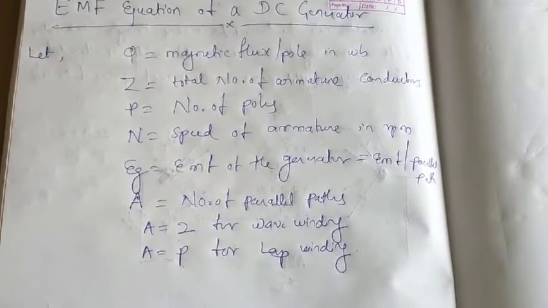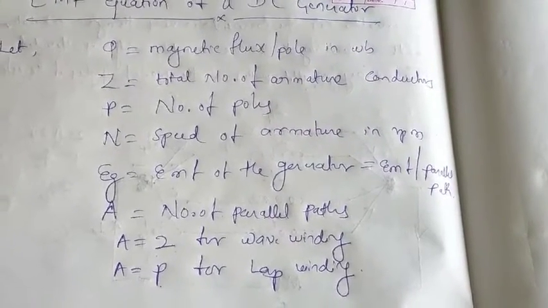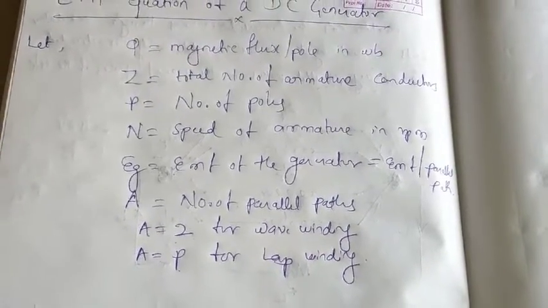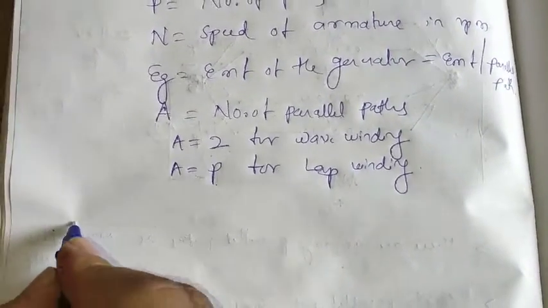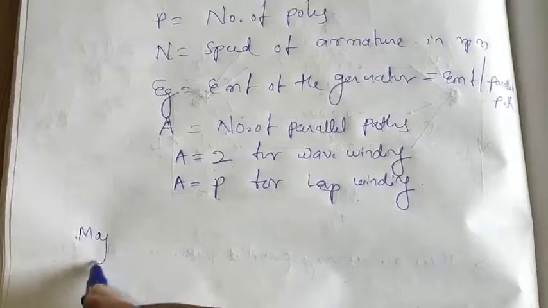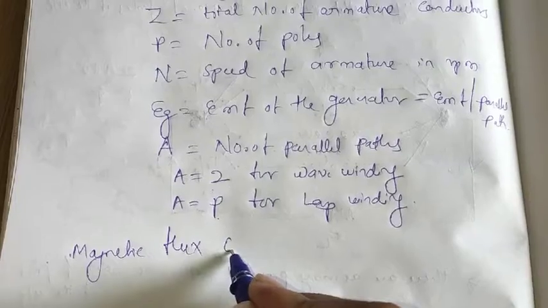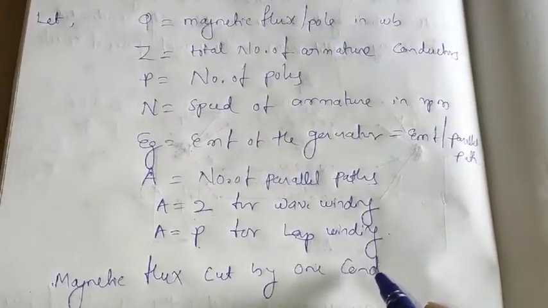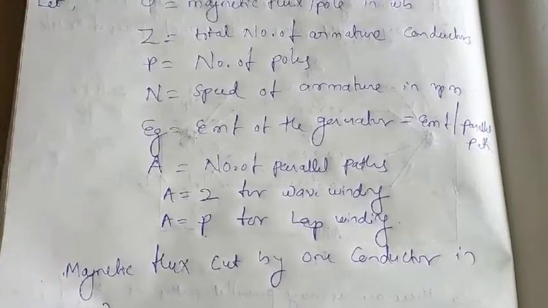So now, how much flux is cut by one conductor in one revolution of the armature? Afterwards the total number of conductors will be considered. So the first point is the magnetic flux cut by a single conductor, that means one conductor, in one rotation or one revolution of the armature.